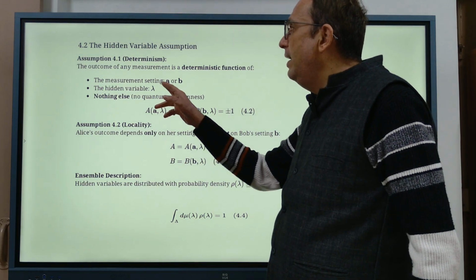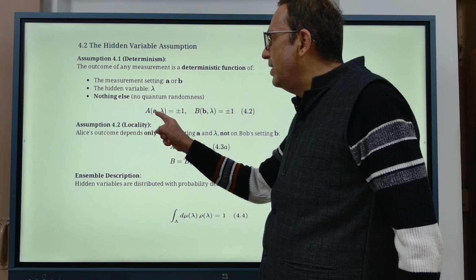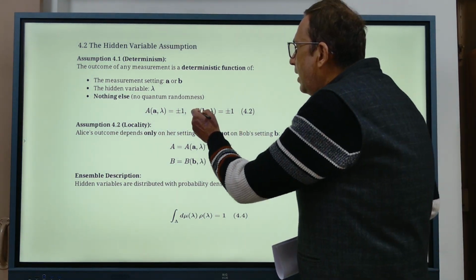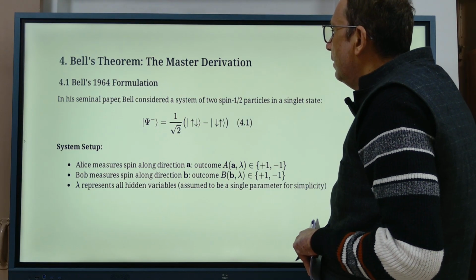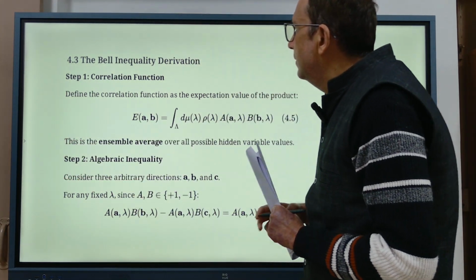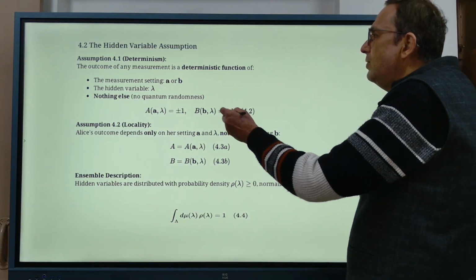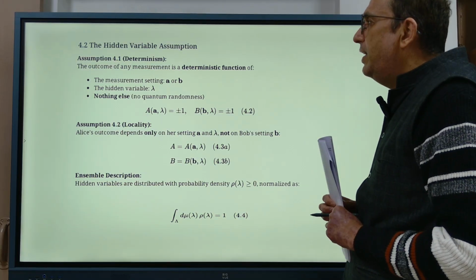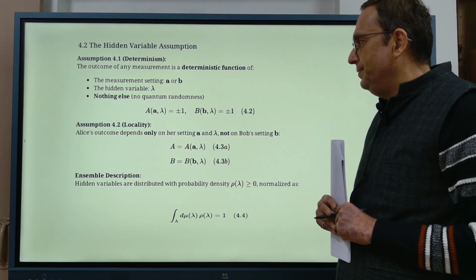Simply stated, the outcome A is just a function of the direction a and lambda, and outcome B is a function of the direction b and lambda. And of course, A and B can take values plus and minus 1. So there is no possibility of any quantum randomness.